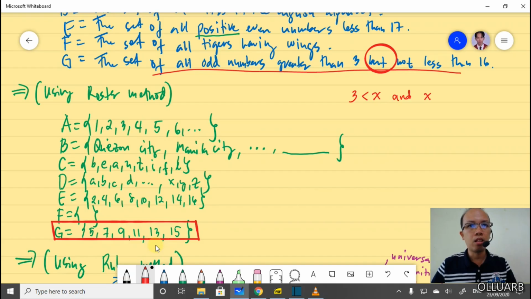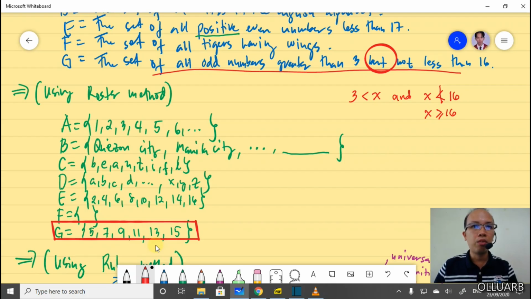As you have noticed, this inequality x not less than 16, you can rewrite as x greater than or equal to 16, since it is not less than 16.